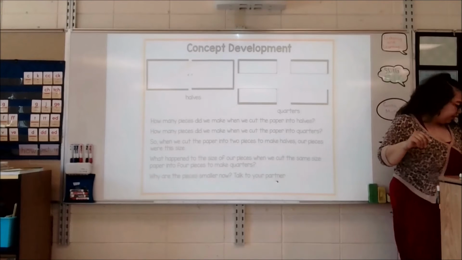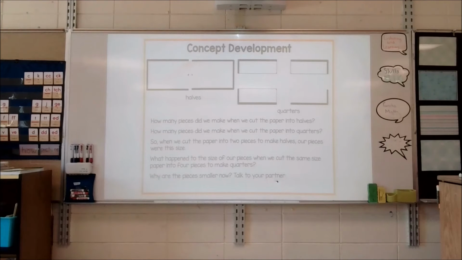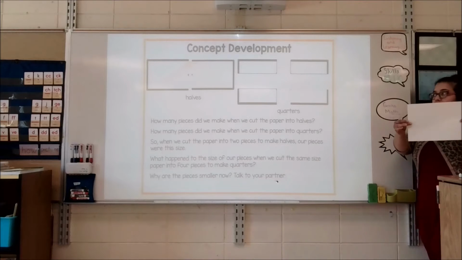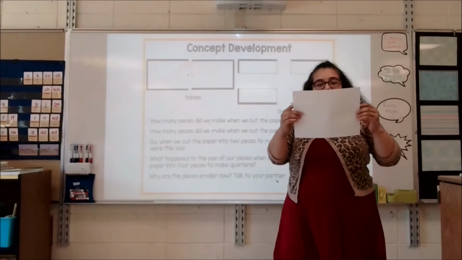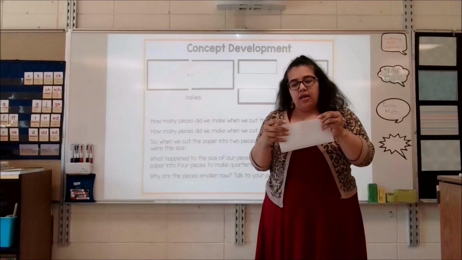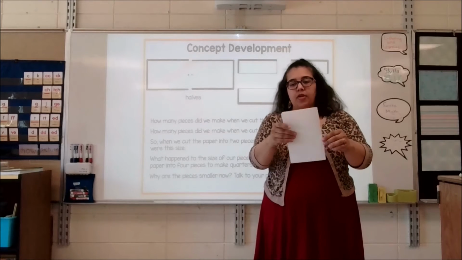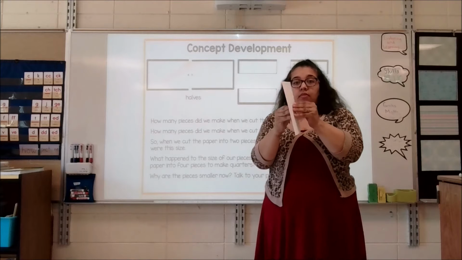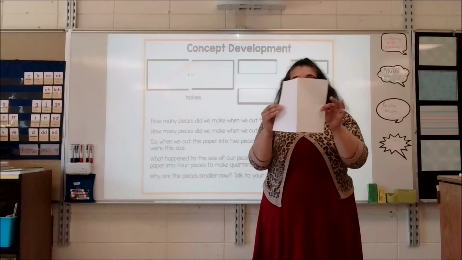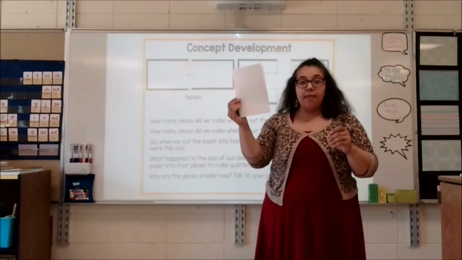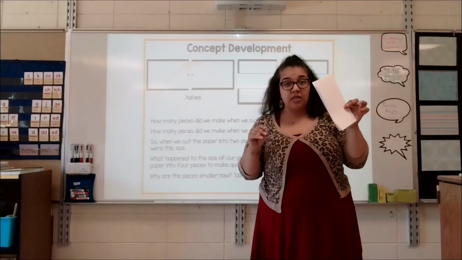Now, we see when we cut things, just like if we had a piece of paper. Let's get a piece of paper. Here is my piece of paper, right? And when I fold it in half, almost perfect, I have 2 pieces of the same size. Look at how big that piece is. That's still a pretty good piece of paper.